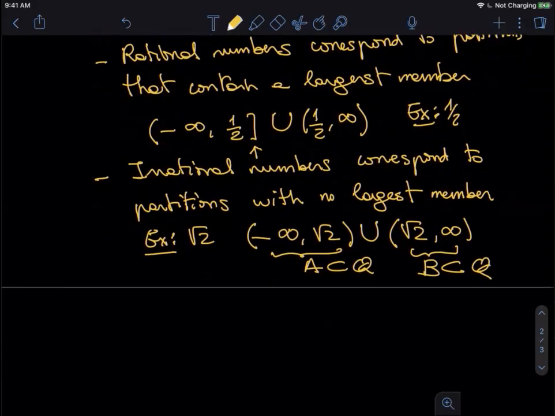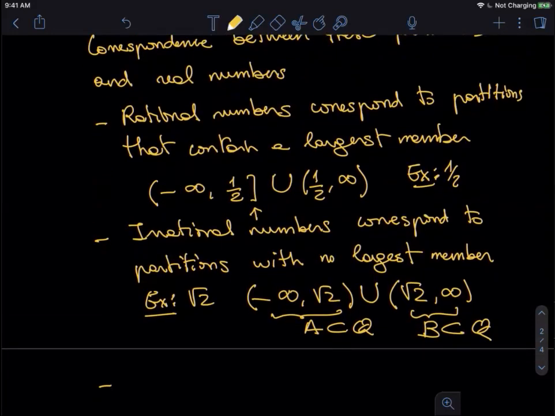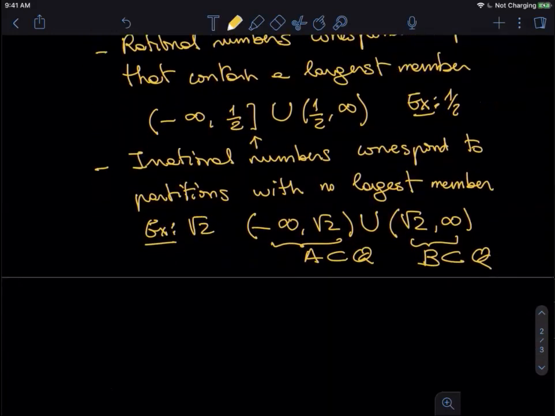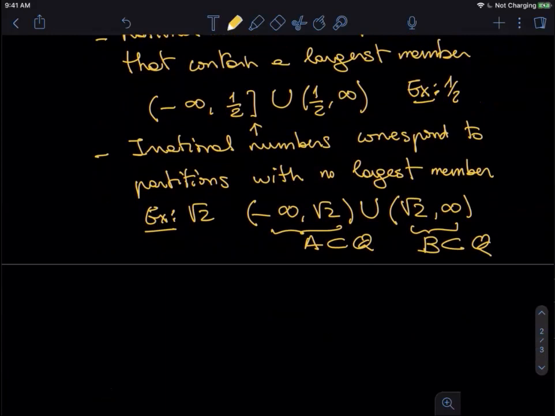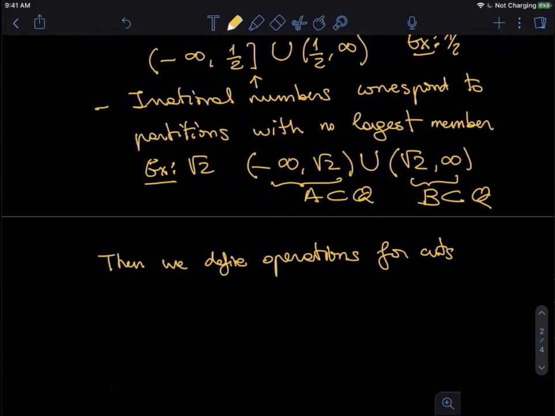Okay. And then the rest of the proof, which is the part that is longer, consists on defining the operations for the cuts, okay. Wait, that comes after.